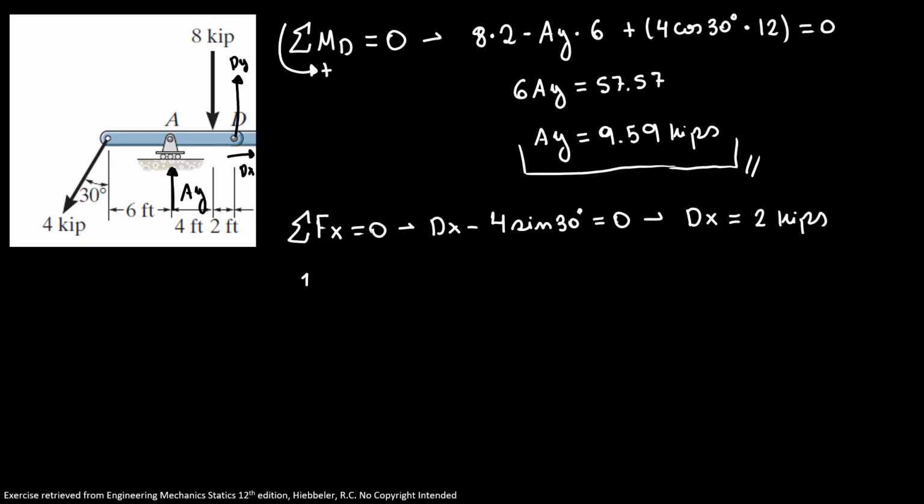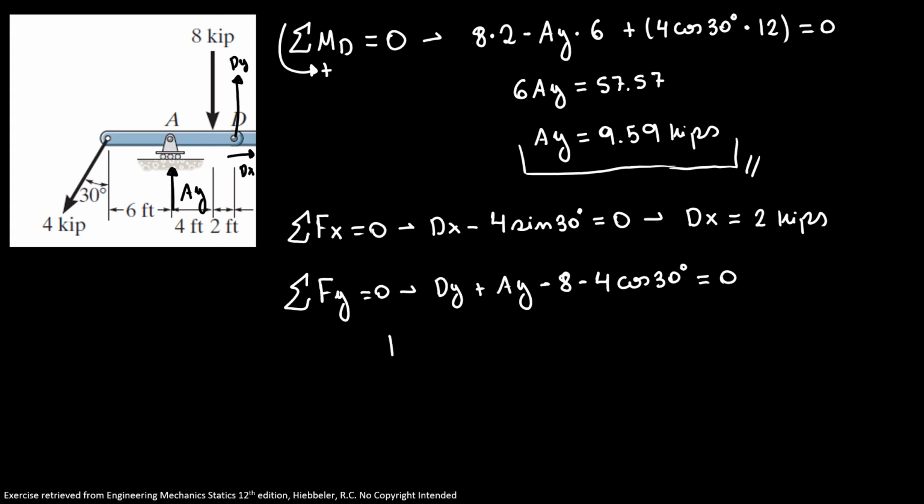Finally, for dy we have the sum of forces in y is equal to 0. So we have dy plus ay minus 8 minus 4 cosine of 30 is equal to 0.